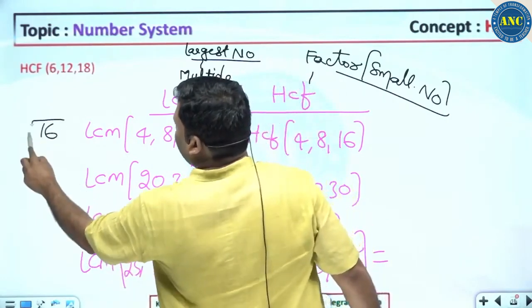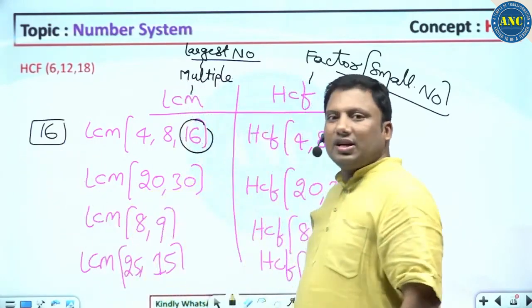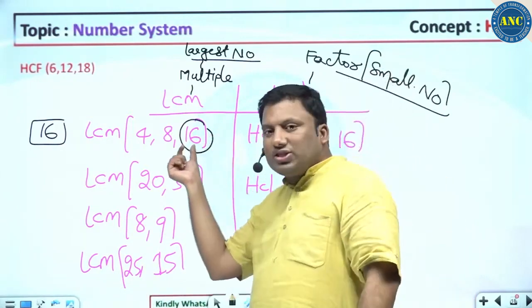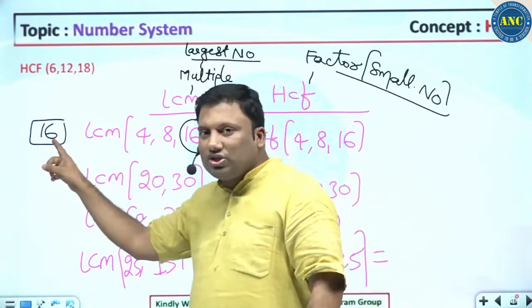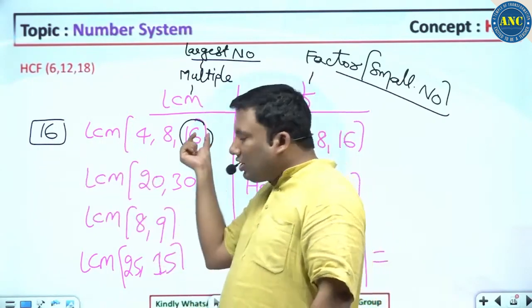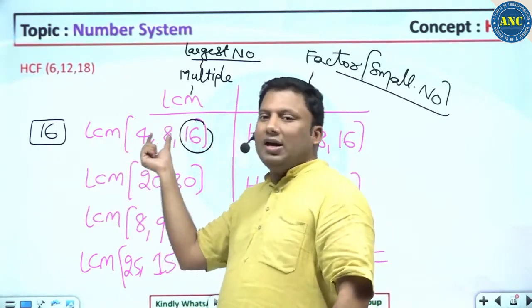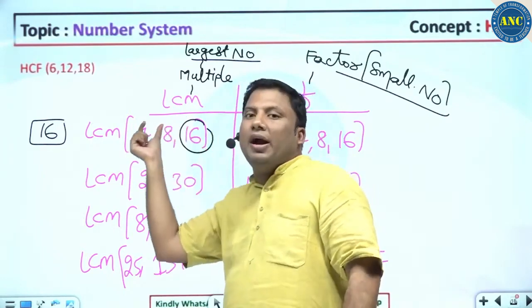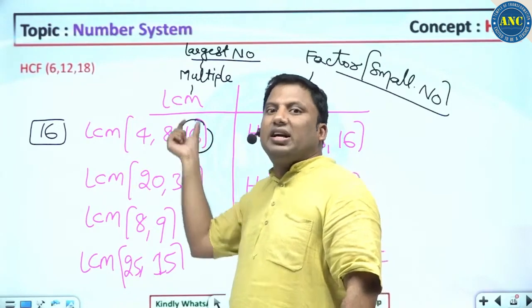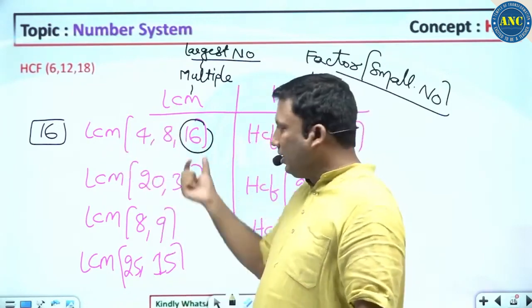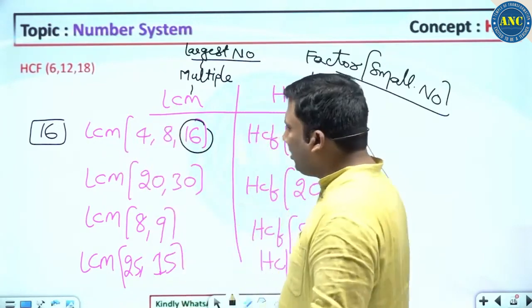Answer is 16. If the largest number is divisible by every other number, then the largest number is the LCM.